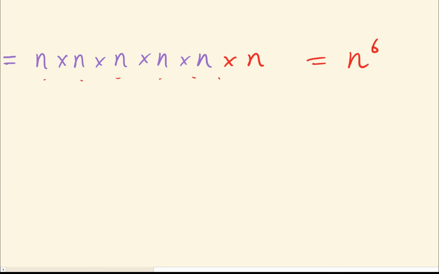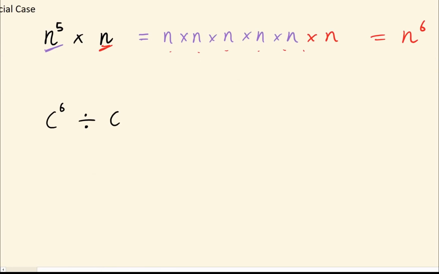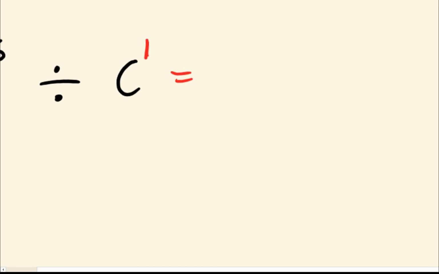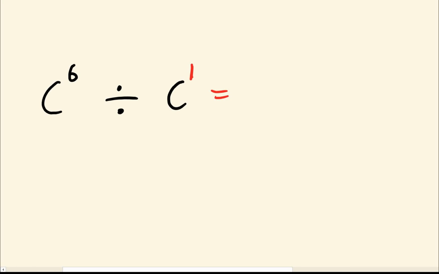So that is n to the power of 6. And what's happened here is whenever you don't see any power, that means the power is 1. If it's just saying times n, it just means times 1n. So the same rule here, I've got no power, that means the power is 1. And then we know that when we divide, we subtract the powers, so 6 take away 1 is 5. So it's going to be n to the power of 5.